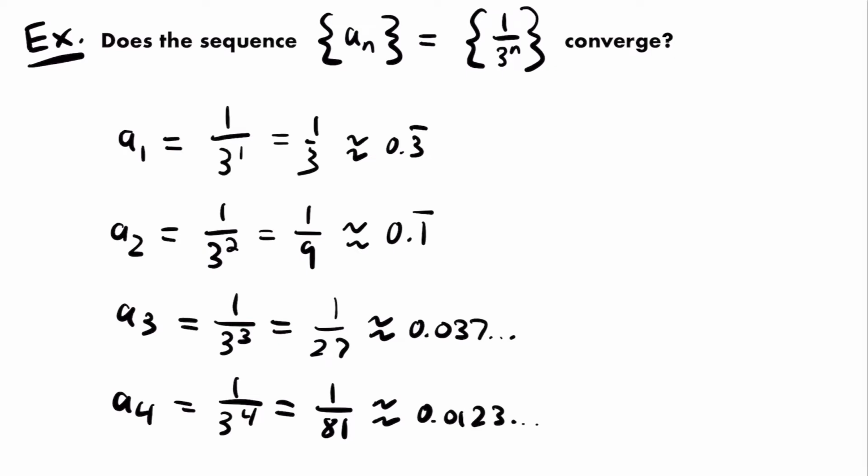All right, now if we look at these values for a sub 1 through a sub 4, we can see that the terms are slowly decreasing, right? We have 0.3 repeating, and then 0.1 repeating, that's less than 0.3. Then we have 0.037, which is less than this term, and then 0.0123, which is less than this term. And so each of our subsequent terms are getting smaller, and so it seems that our sequence is decreasing.